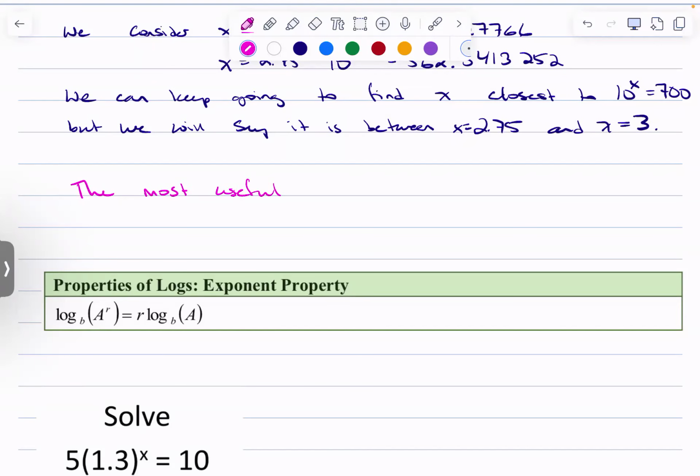The most useful thing about logs is that it is the only way to solve for a value in the exponent.